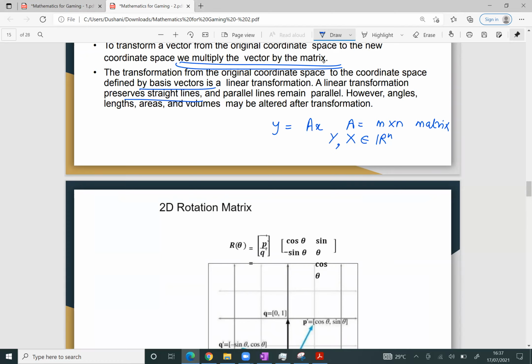So in particular, in a 2D space, this operation takes the form after transformation.